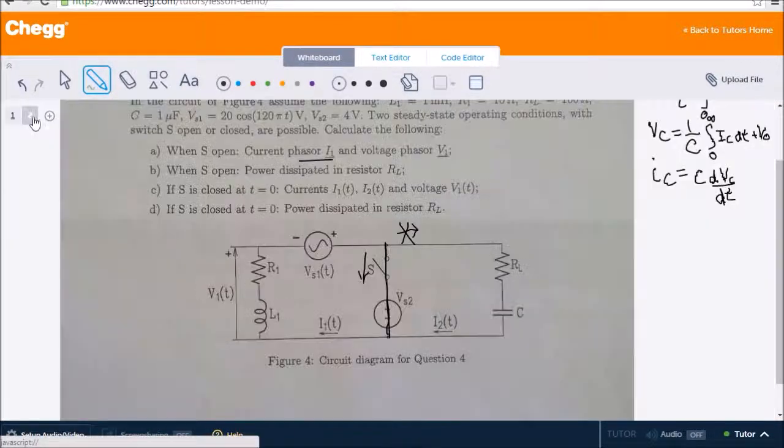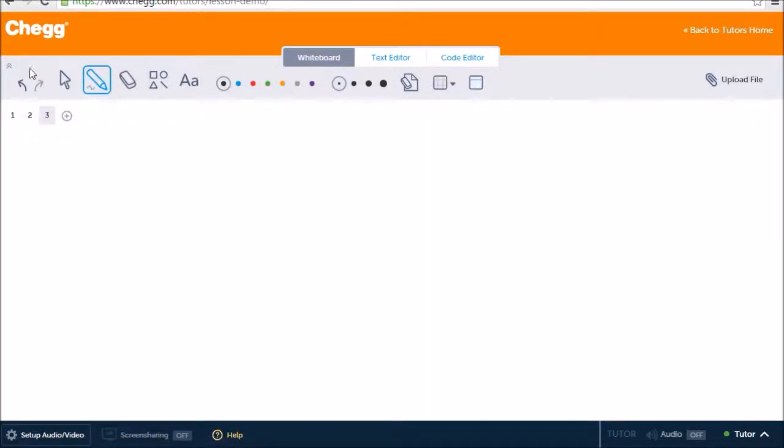So our other form of the equation, remember we wanted to use superposition to pretend like this source doesn't exist. So I'll redraw the circuit one more time.